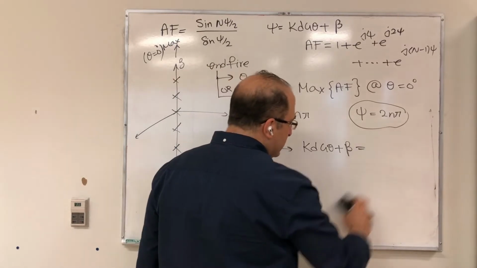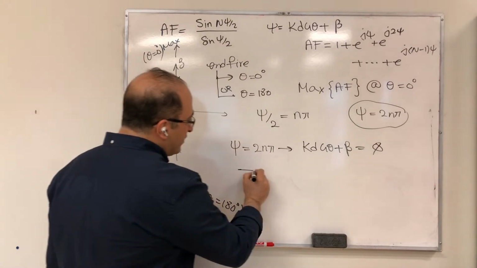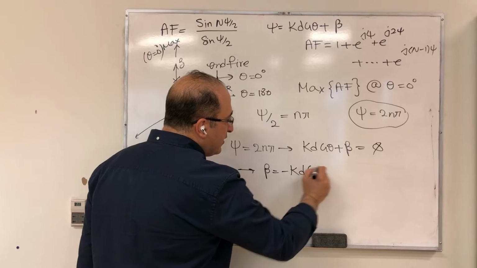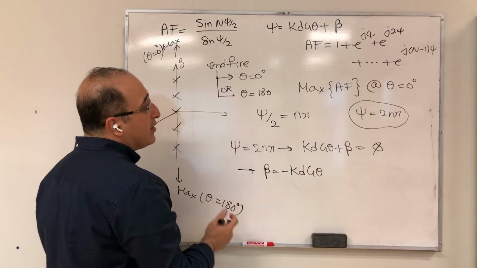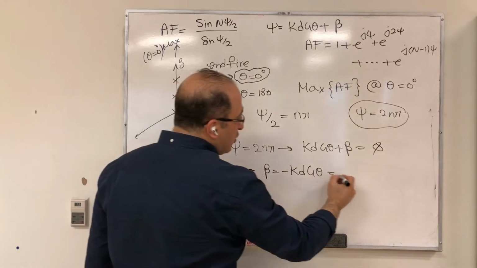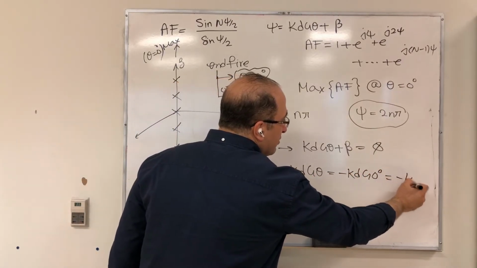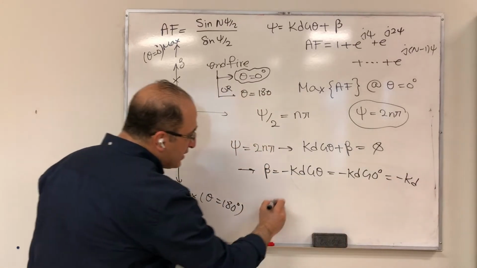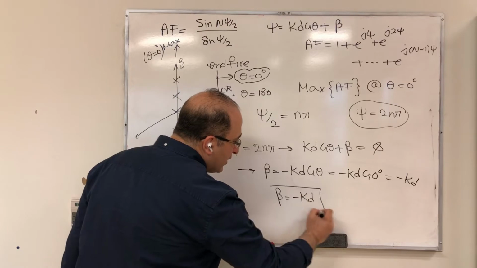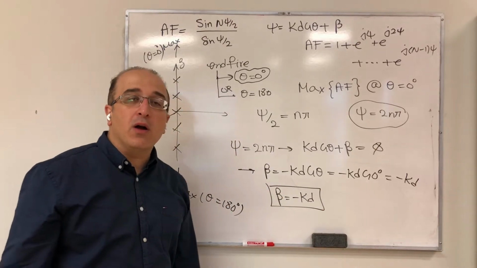Then my beta becomes minus kd cos theta. And I know that I want theta to be 0 for endfire, so minus kd cos 0, and that's going to be minus kd. So that means if my beta is minus kd, then I get a maximum along theta equals 0.